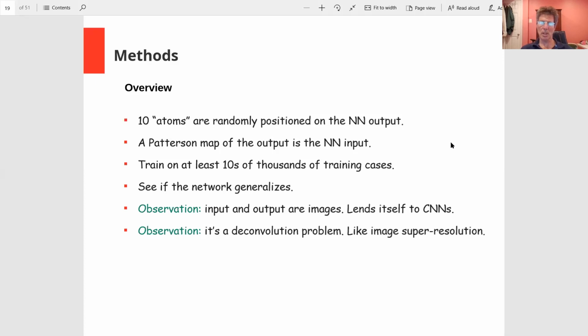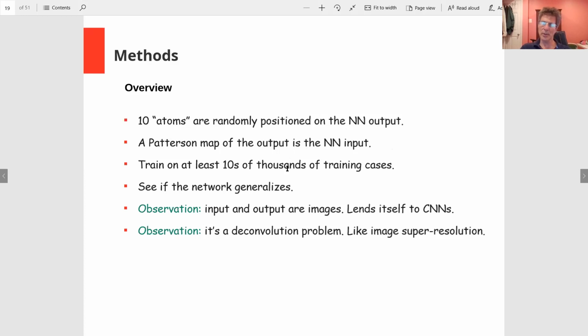Okay, so now an overview of the methods. On the output, I'm creating a simplified electron density map for 10 atoms. Then I'm calculating a Patterson map from that simplified electron density map that's on the output, and that goes on the input.